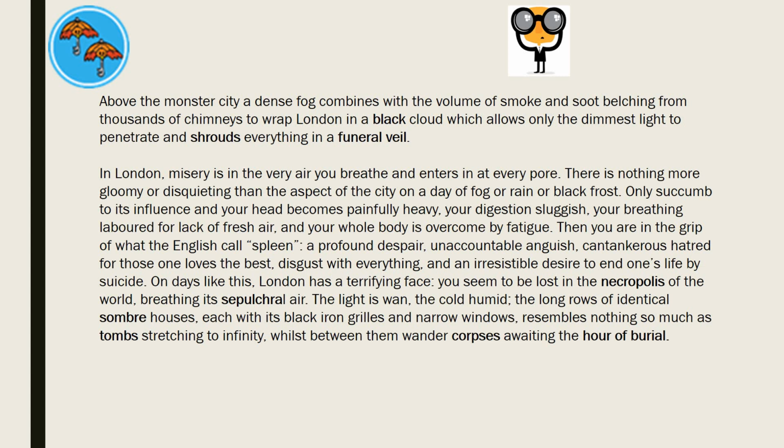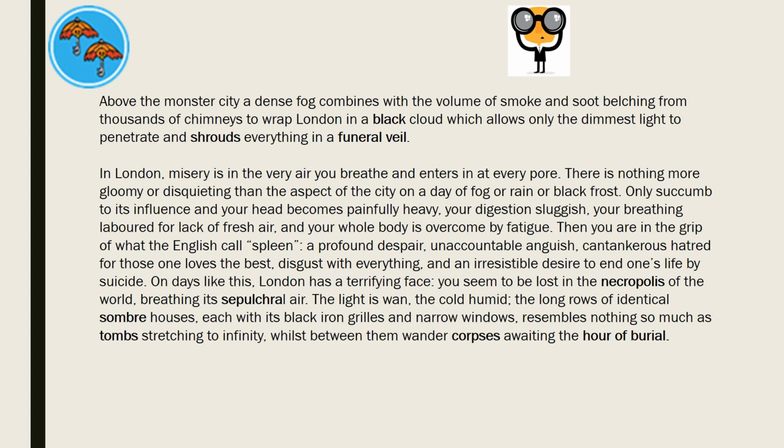You can see, if we start at the top, the words black, shrouds, funeral veil, necropolis, sepulchral, sombre, tombs, corpses, hour of burial. So I have spotted those words there, and the extended metaphor of the city itself being a necropolis. What is the effect on the reader is what you would look for, and it's that idea that you're inevitably going to die when you go there.